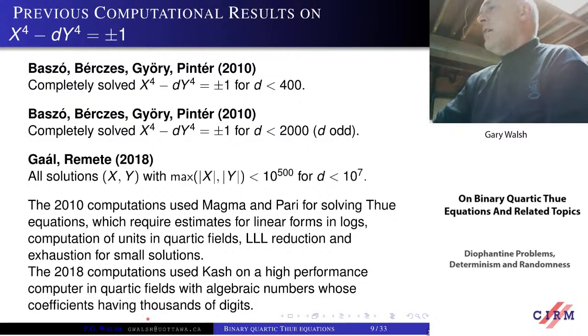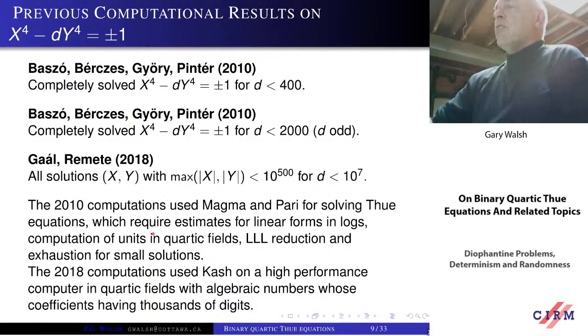My understanding is that the 2010 computations used a combination of Magma and PARI for solving Thue equations. And I think most of us at the conference are well aware that solving Thue equations with large coefficients becomes very onerous. It's very time consuming.